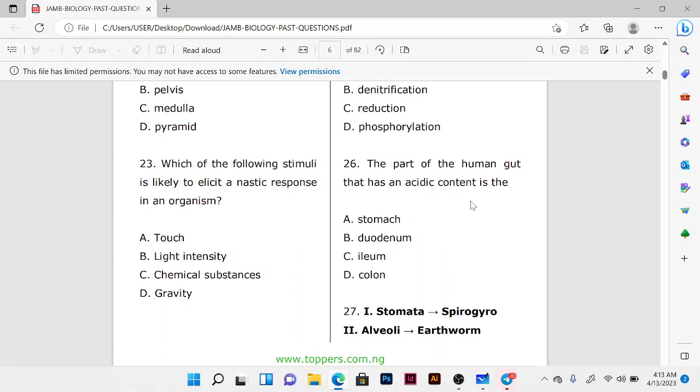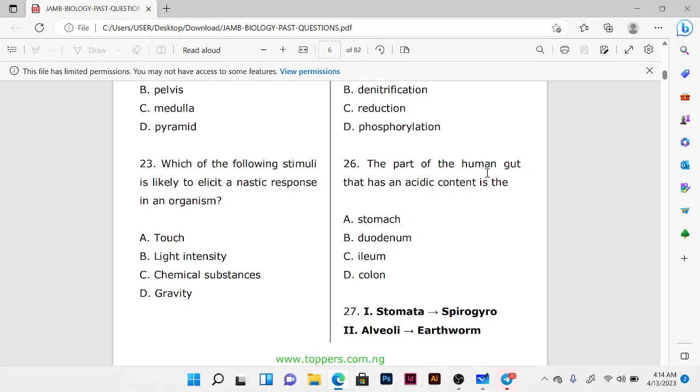For that particular topic, it is very, very specific to what we refer to as alimentary canal or digestive system. That is where that particular topic is emanating from.